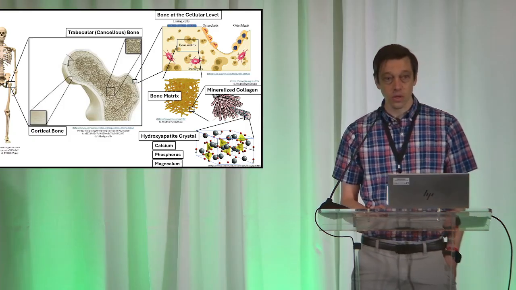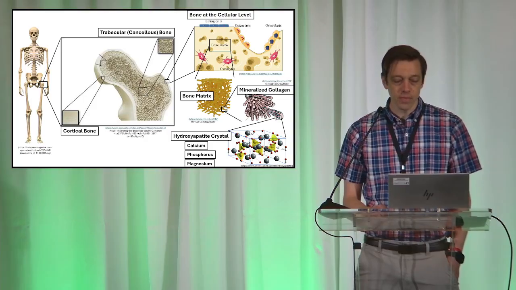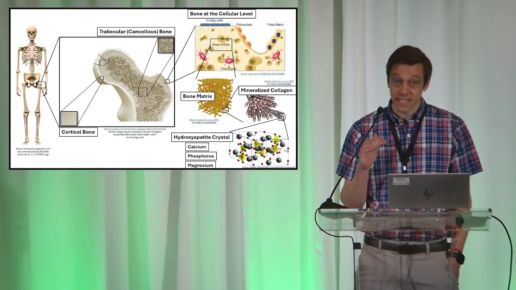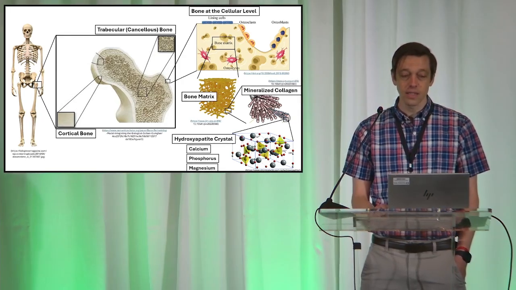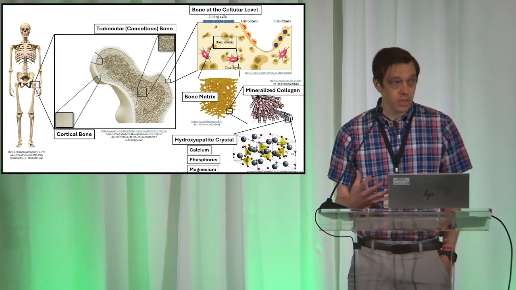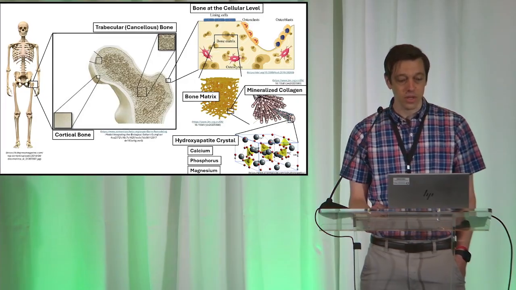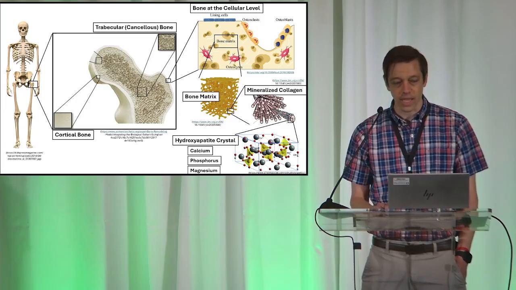So there's cortical bone, which is the lamellar or that sort of laminated layers, the thick bony crust, and then deeper down we have the trabecular or cancellous bone, also known as the spongy bone, that provides a lot of the 3D structure and a lot of the strength we have in bone as well.